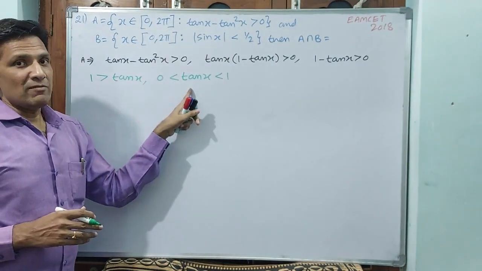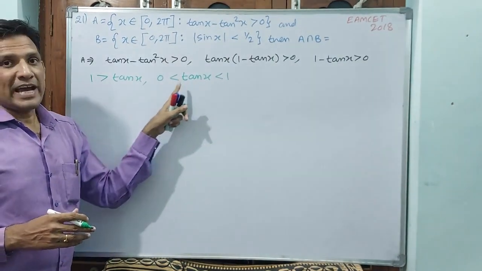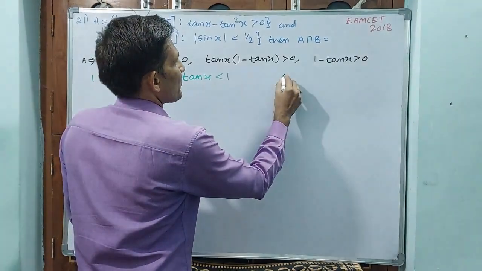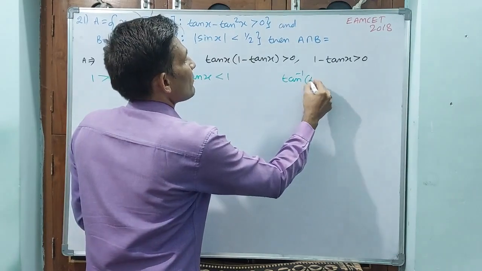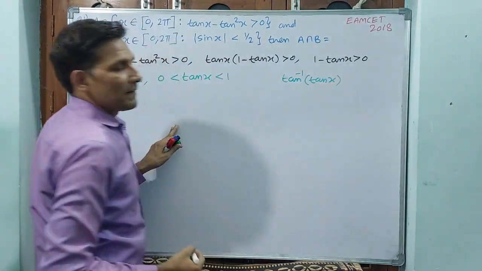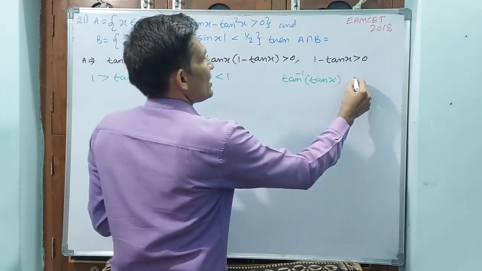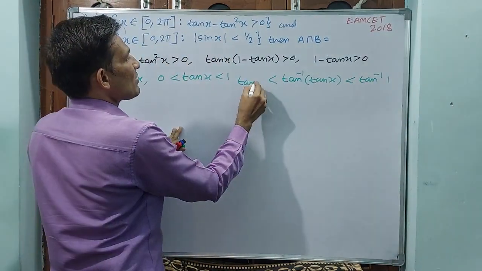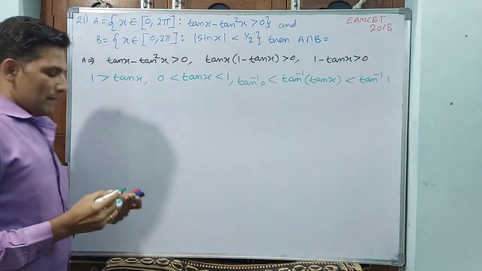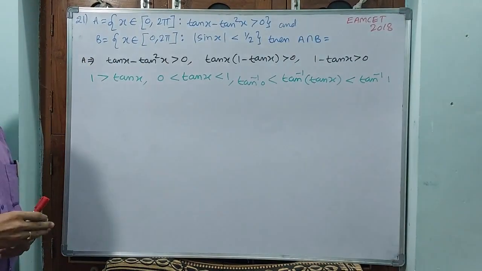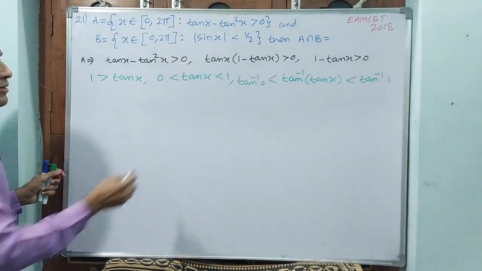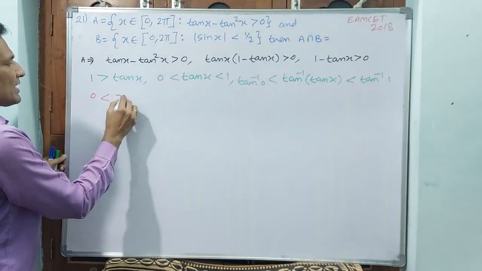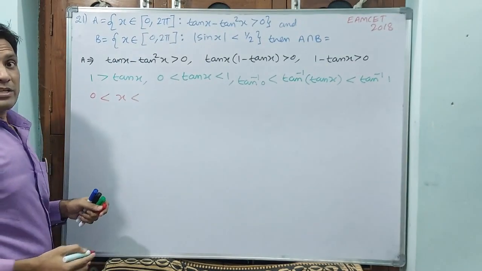I am applying tan inverse, because tan gets cancelled and x comes. So tan inverse of tan x, tan inverse of 1, and tan inverse of 0. Tan inverse of 0 is 0, tan inverse of tan x is x, and tan inverse of 1 is π/4.